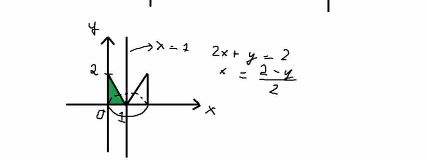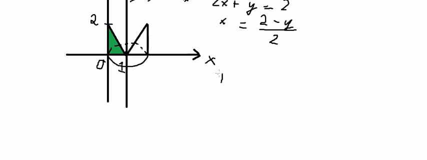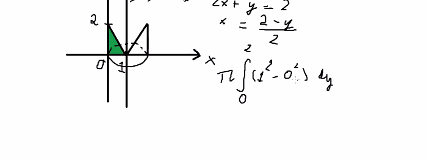So the answer of this one is the integral from 0 to 2, and we have x equal to 1, so you get 1 squared minus 0 squared dy. So later we need to subtract the area from x equals 1 to the curve.